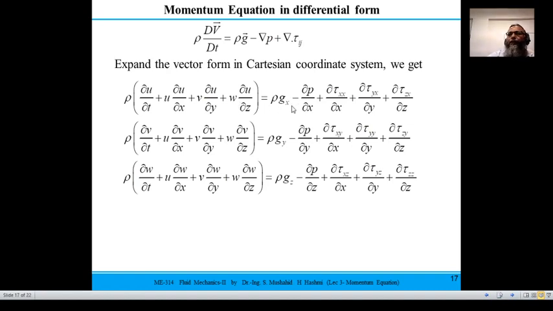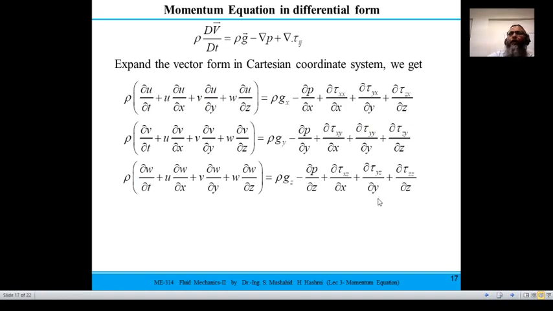So this is how the u component changes as you are moving with velocity u, v, and w. This is the component of acceleration due to gravity in the x direction. This is the pressure gradient in x, and these are the tangential stresses acting onto the fluid element, if you are only considering the forces in the x direction. Similarly, we can write for the y direction and the z direction.